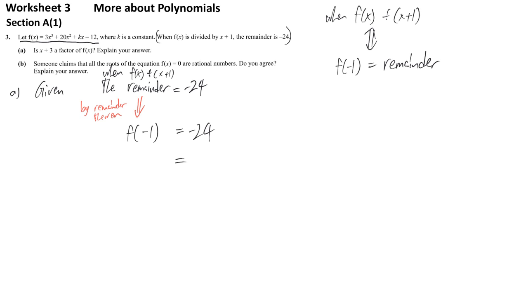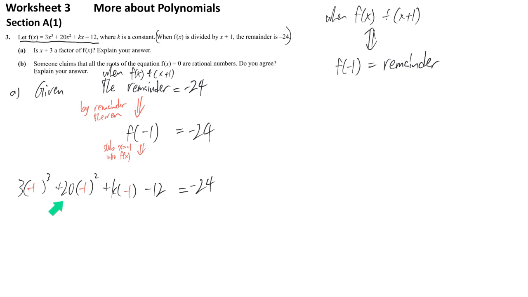So after that, what is f(-1)? That means substitution. Sub x equals negative 1 into f(x). So this should be 3 times (-1) to the power 3 plus 20 times (-1) to the power 2 plus k times (-1) minus 12, equals negative 24.